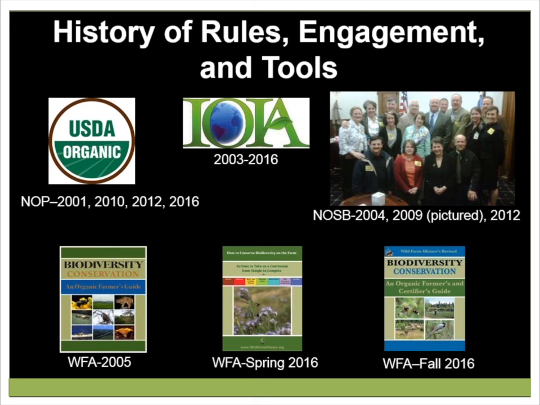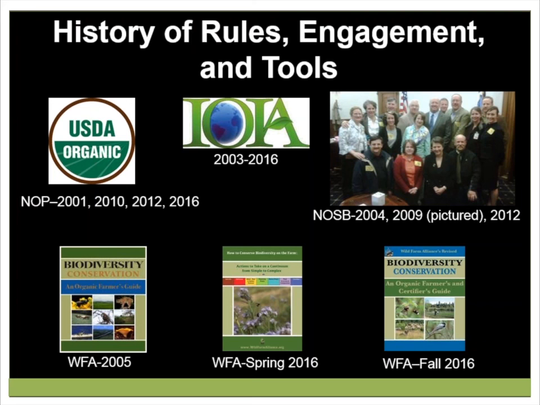So we worked with a broad base of organic and conservation experts to put together the publication on the lower left in 2005, and we also worked with the National Organic Standards Board during that time. They are the guiding body for the rule, and they incorporated a set of biodiversity inspection questions into their model organic system plan.